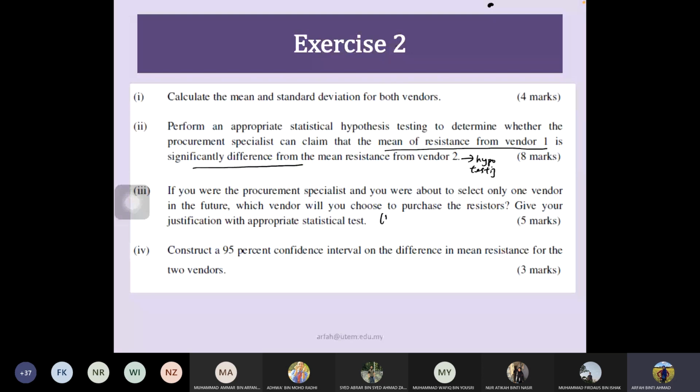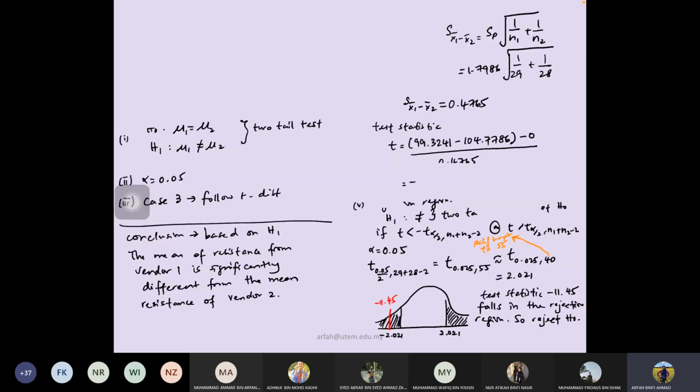So we can test H1, mu1 greater than mu2, or you can also test mu1 is less than mu2, because it says give an appropriate hypothesis, appropriate statistical test. So let's say I want to test for this one, question C, H1 is that the mean of vendor 1 is less than the mean of vendor 2. So the complement, mu1 is greater than mu2. It says alpha equals 0.05.